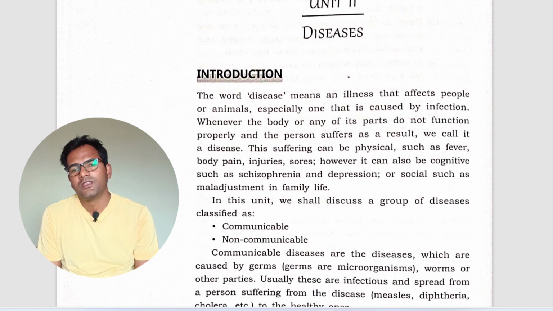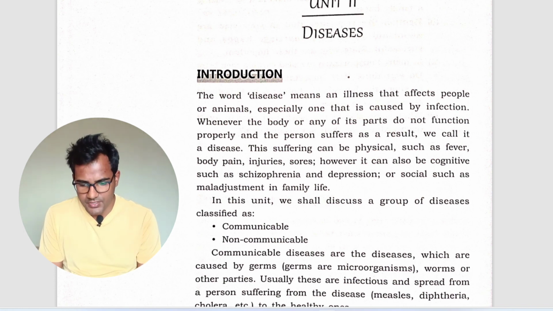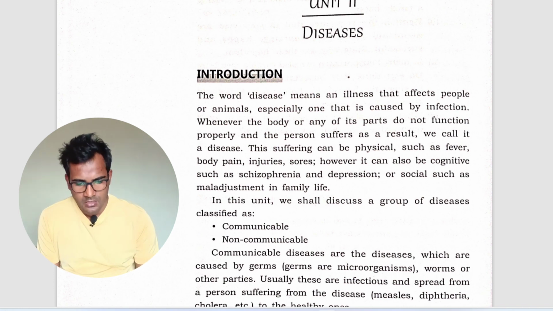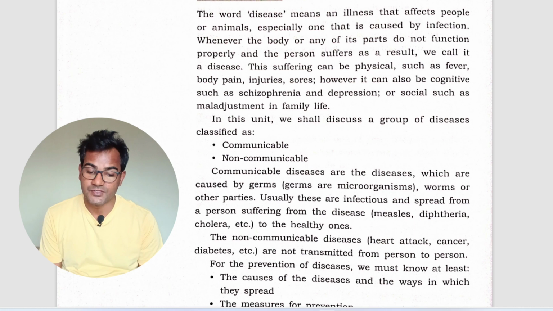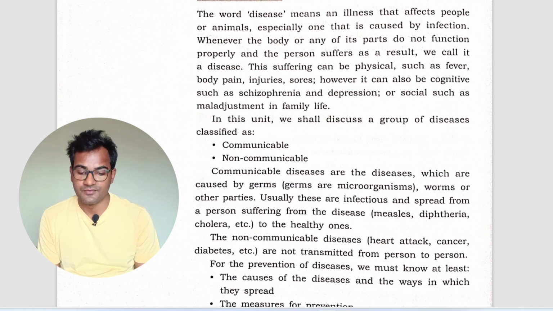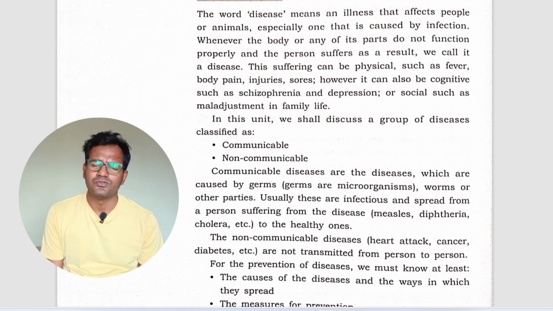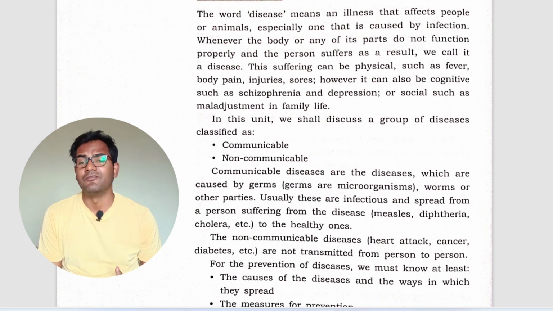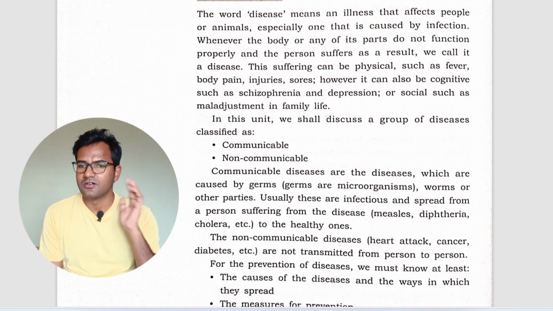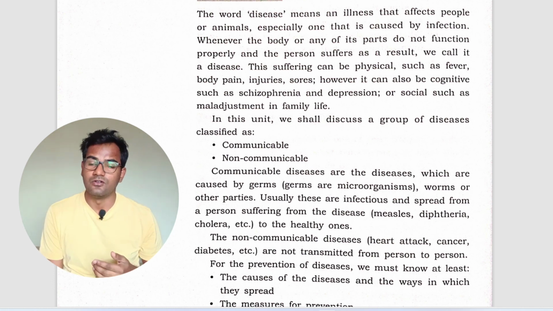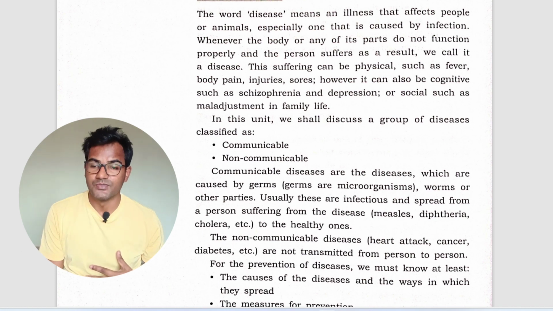So whenever the body or any of its parts do not function properly and the person suffers as a result, we call it disease, all right? So whenever you are not feeling well, you're having stomach pain, toothache, earache, headache, or gastric problems, right?